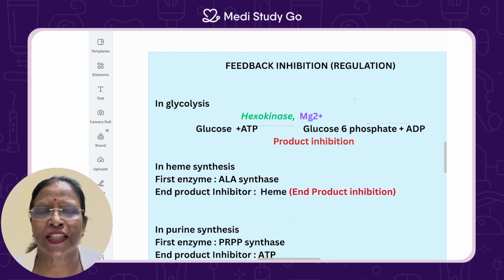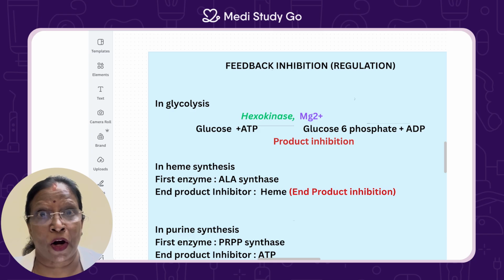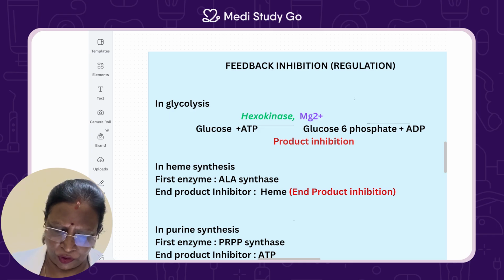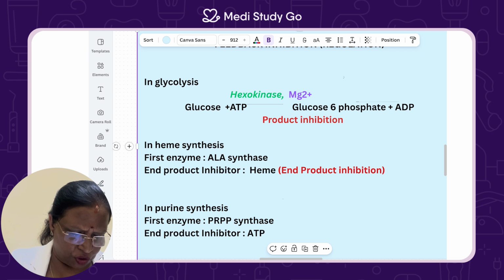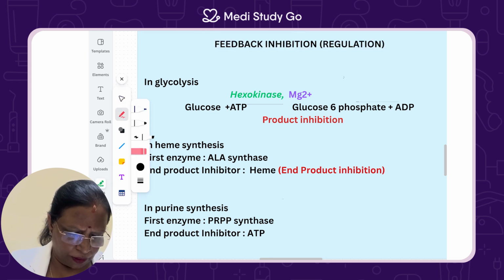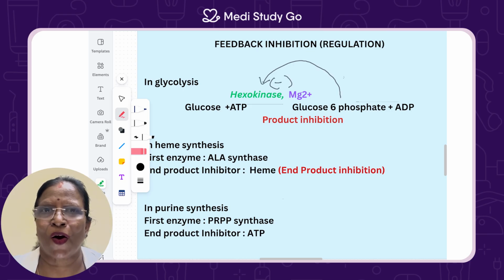The enzyme is hexokinase or glucokinase, but hexokinase is inhibited by its own product, glucose 6-phosphate. So when there is an increased concentration of glucose 6-phosphate, it is going to inhibit the hexokinase enzyme.